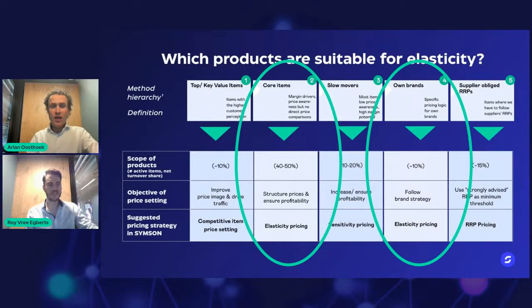So to conclude, we see especially for the core items and the private label own brand products the most applicable product selection for applying price elasticity.